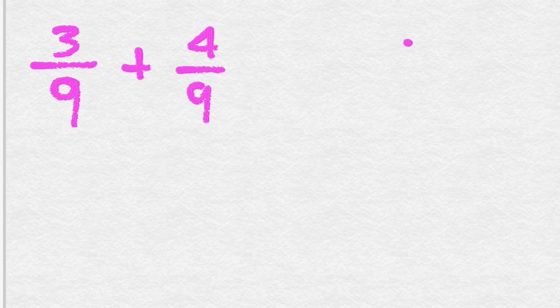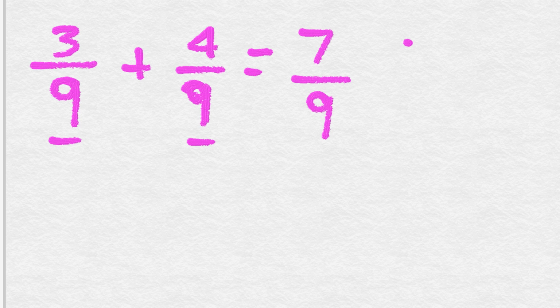So you can see the bottom number here is a denominator, which is 9, and here it's also 9, they are the same. When you are adding fractions which have the same denominator, the denominator remains the same, and you simply add the numerator at the top. So 3 plus 4 equals 7. So 3 over 9 plus 4 over 9 equals 7 over 9.